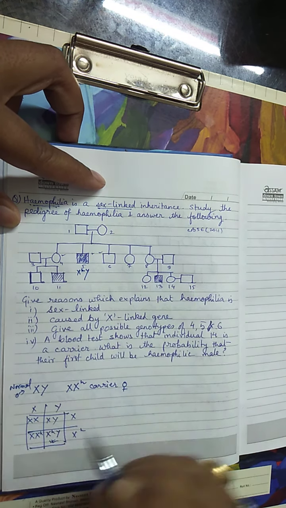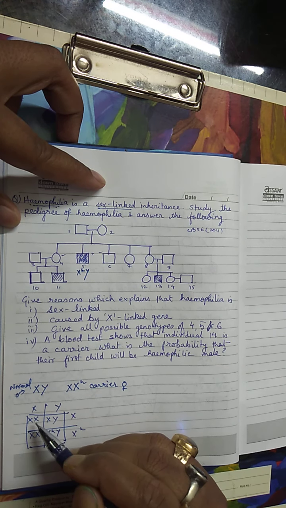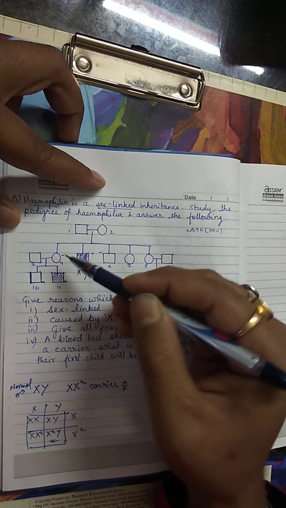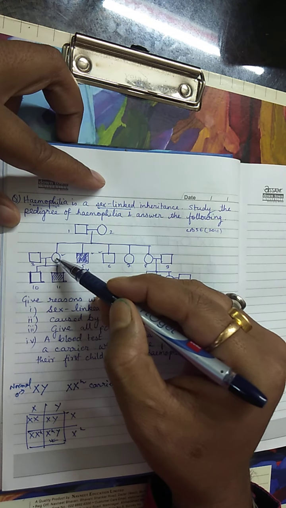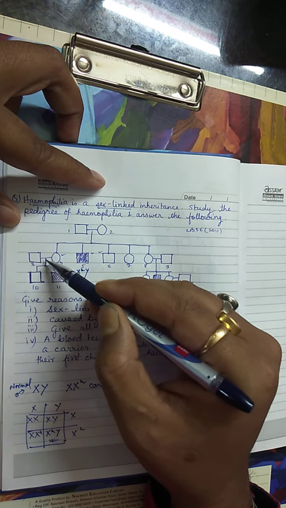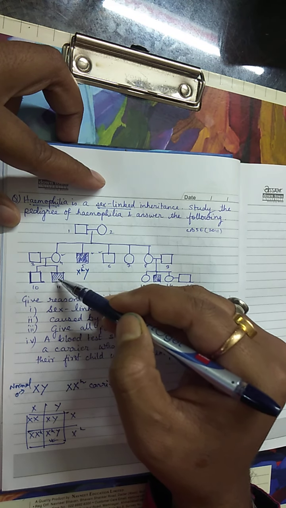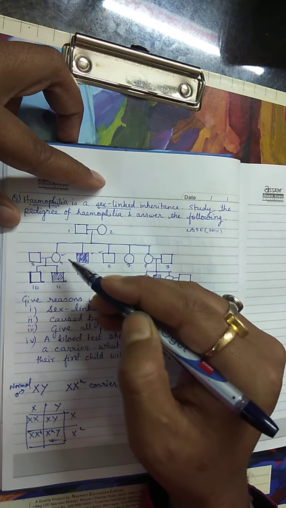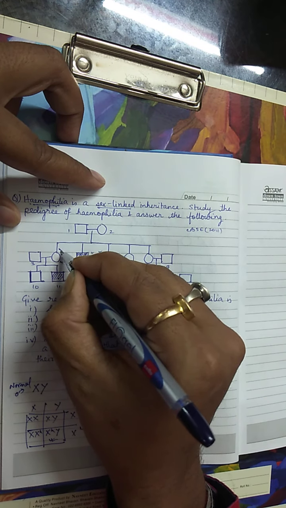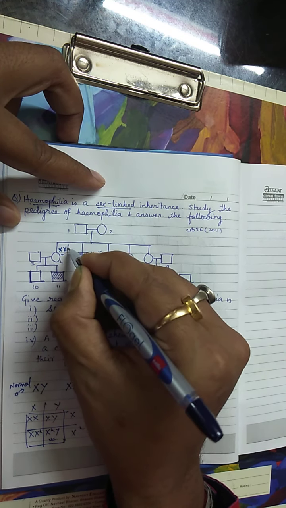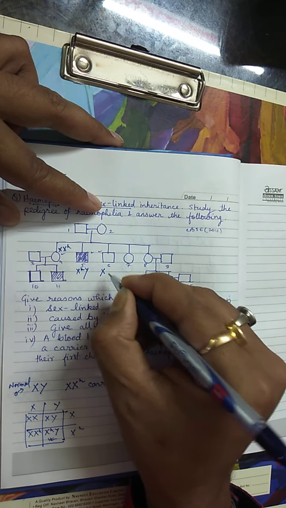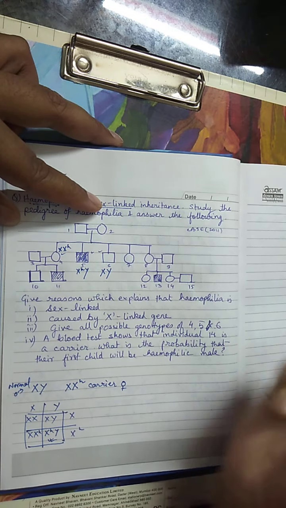Number 4 is a female, so it can be either a normal female or a carrier female. But 4 is again marrying a normal male and their next generation has the hemophilic character, so obviously this cannot be a normal female. It has to be a carrier female, XHX. And 6 is obviously a normal male.